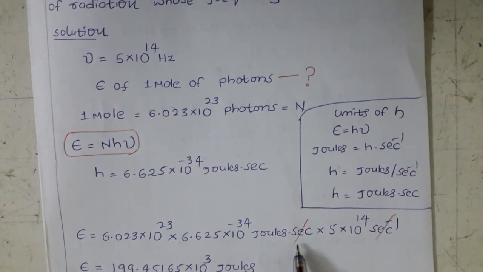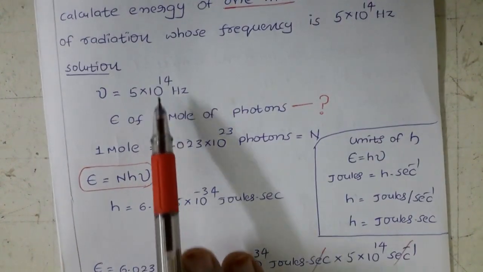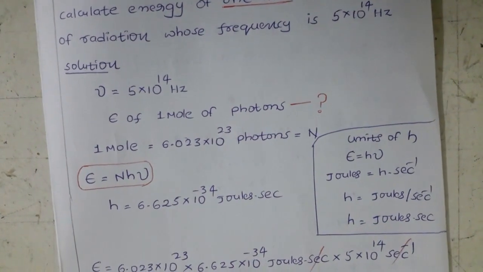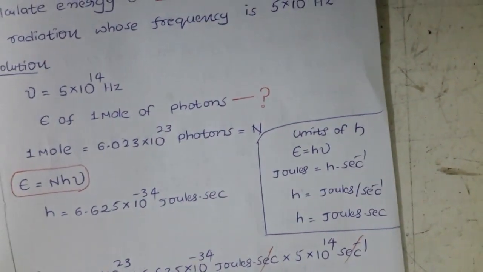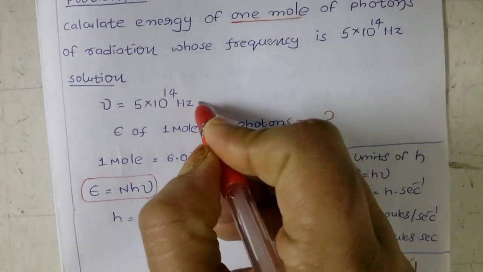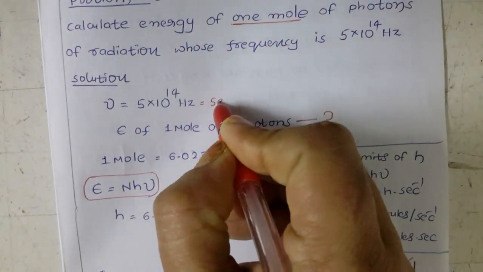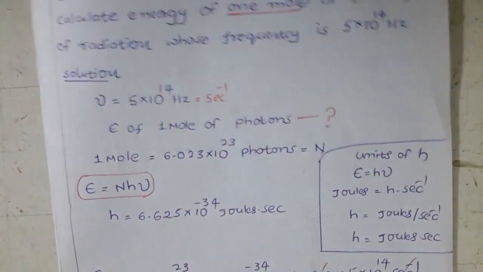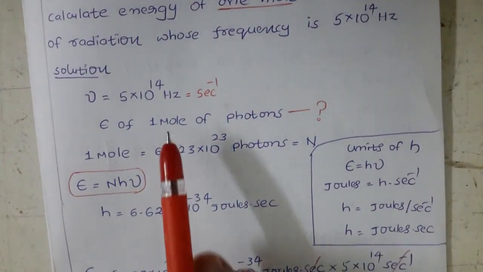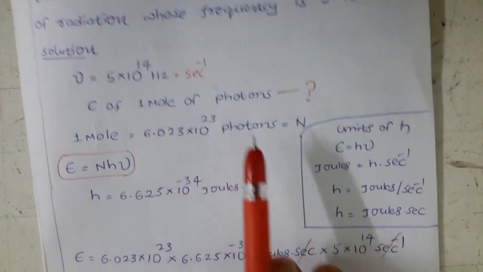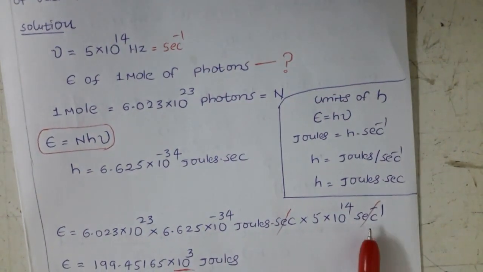Now the frequency given here is 5 into 10 to the power of 14 hertz. Here you have to convert this hertz into second inverse. Why? Because, as we already discussed, 1 hertz equals 1 second inverse. If you keep it as such and substitute, there is no cancellation of units.